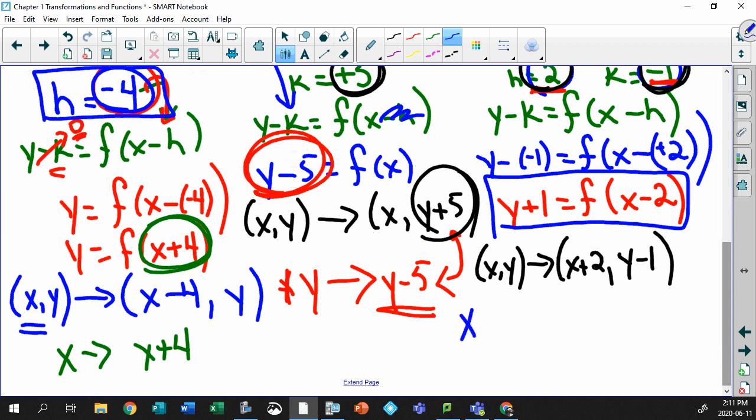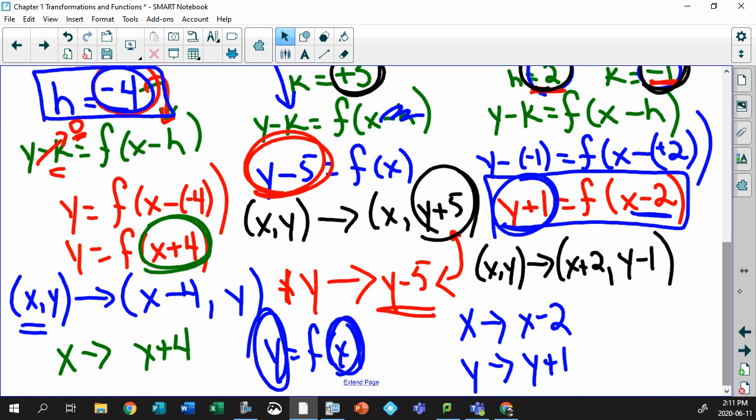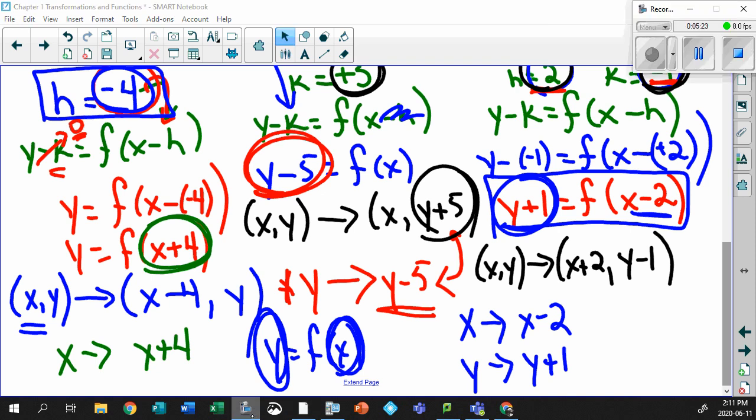Remember, this is y equals f of x. You took the x in f of x and made it into x minus 2. You took the y in this equation and made it into y plus 1. There's your replacement, there's your mapping, and there is how you do it.